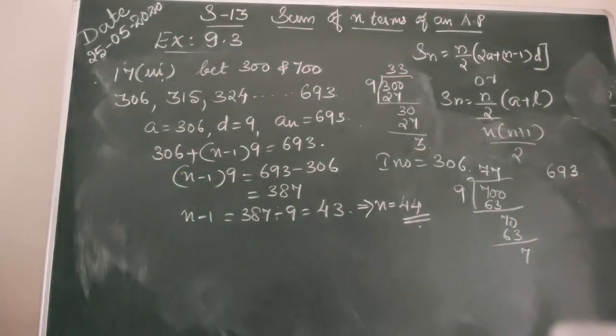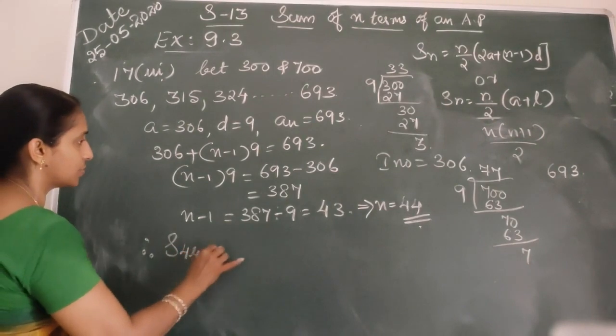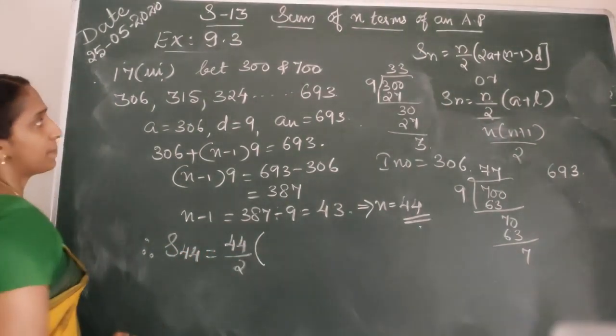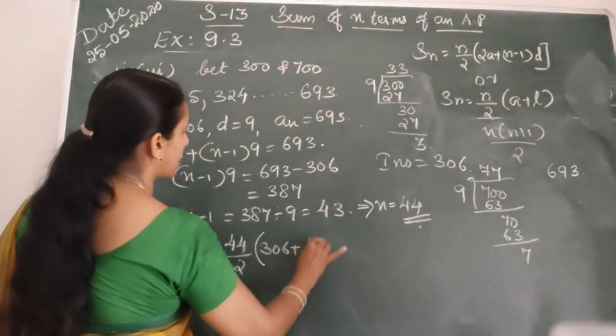Now you have to calculate the sum of 44 terms. Therefore, S44 will be equal to 44 by 2 into (a plus l), that is 306 plus 693.